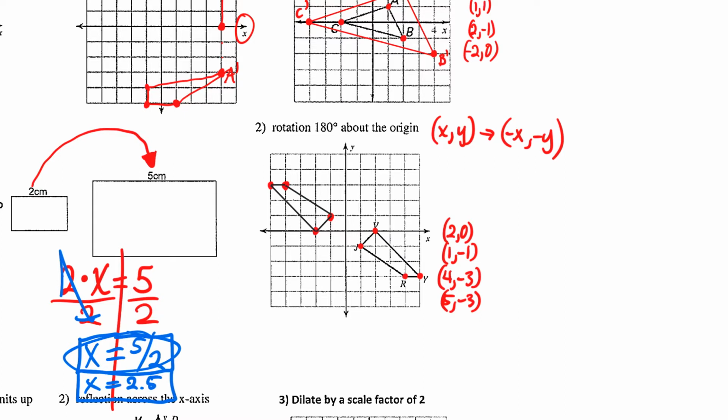So it should look like that. When you do a rotation, which way does it go? Remember, rotation always goes counterclockwise.